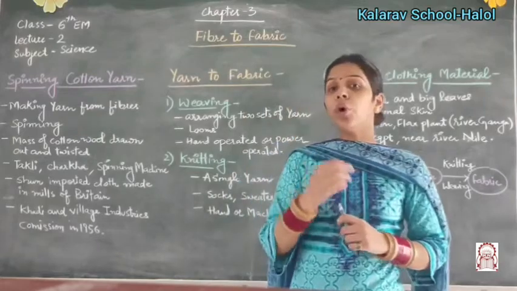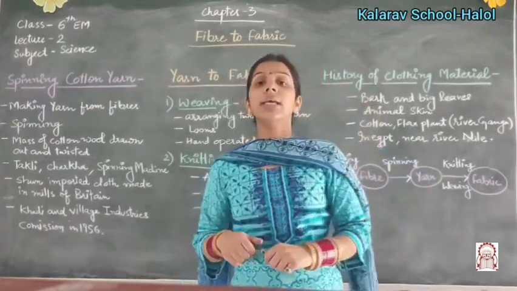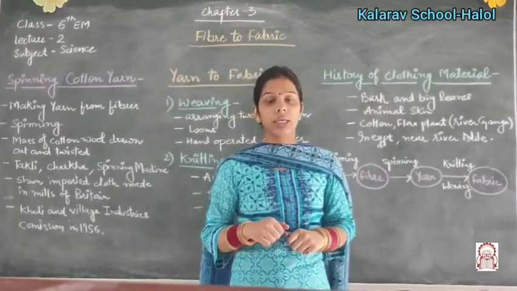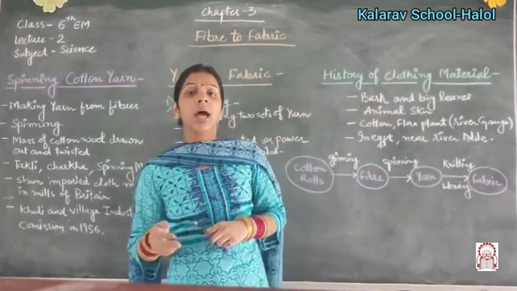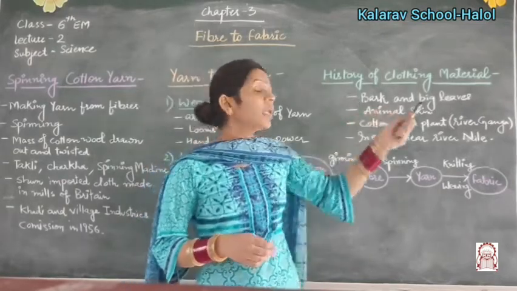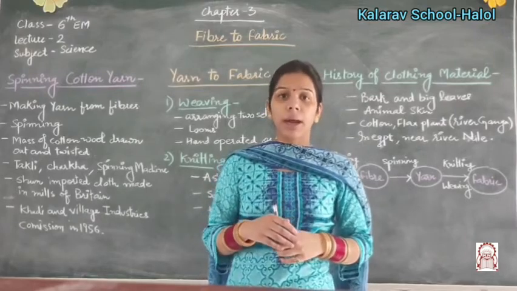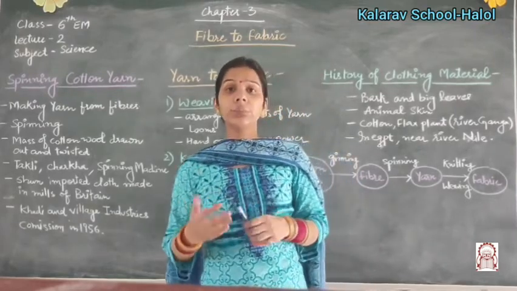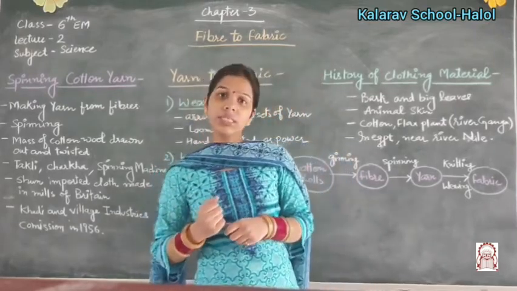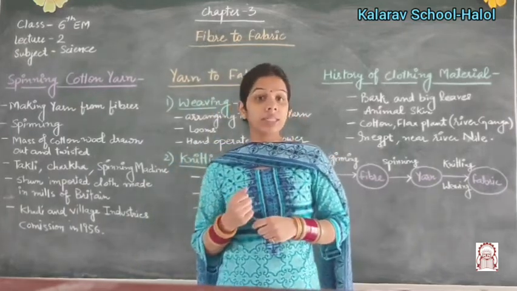But we also have to know about the history of clothing materials. In ancient times, man used to wear bark, big leaves of plants, and animal skin to cover body parts. When agricultural practices came into existence, they grew different types of plant fibers in the fields.